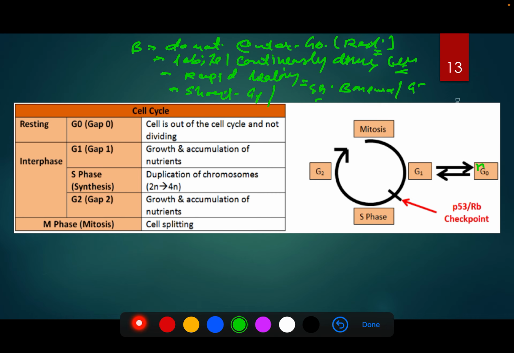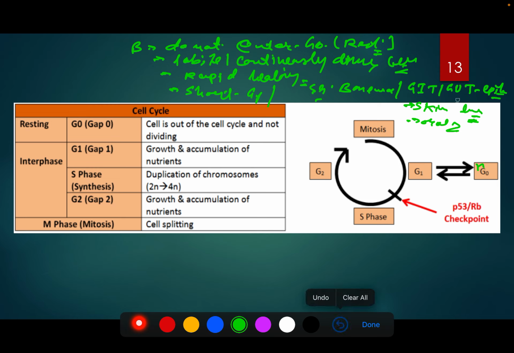Similarly, the GIT, gastrointestinal tract, and genitourinary tract epithelium, the lining epitheliums of these tracts, because they are very rapidly dividing and replacing. Similarly, the skin linings. Is that okay? Similarly, the oral cavity linings, they are continuously dividing. So this type of cells are called the continuously dividing or labile cells or tissues.